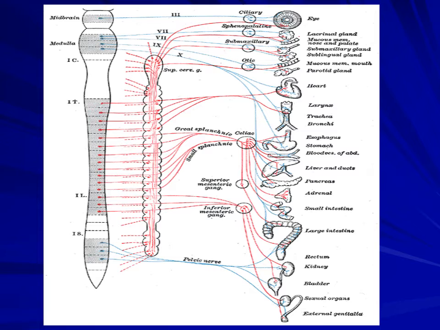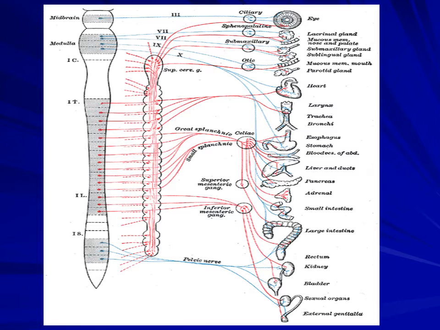Of course, we are concerned more with the third and seventh cranial nerves as regards our subject, which is the autonomic nervous system supplying the orbit and the globe. The sacral part is not related to the supply of orbit and globe, and the sympathetic fibers arise from all the thoracic segments and upper two lumbar segments.